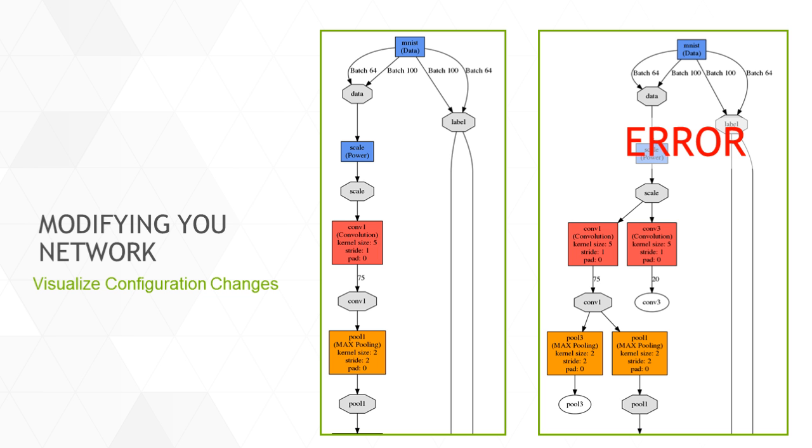Also, my input data is going to 2 different convolutional layers, which I probably didn't want. And then the output for my convolutional layer 1 is going to 2 different poolings. So here's an example of where I would look at my layer, I would visualize my network, and I could say, oh, I made a mistake. I don't have the right inputs and outputs for this network. Let me go back and make my edits.